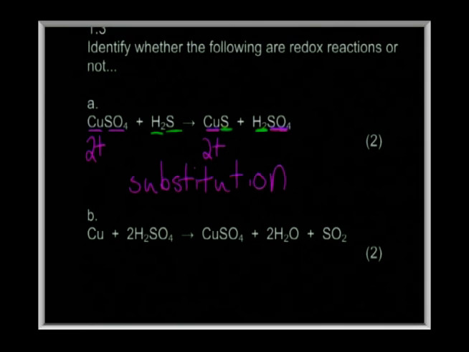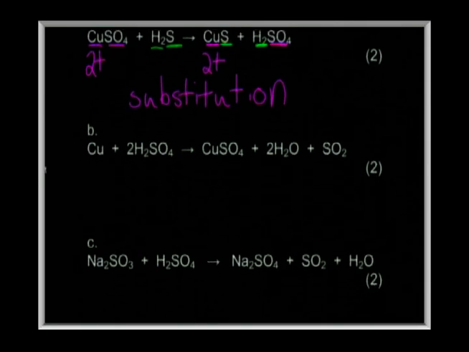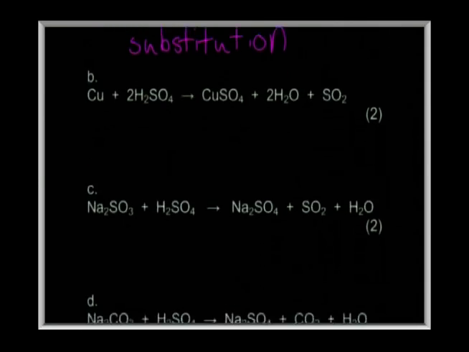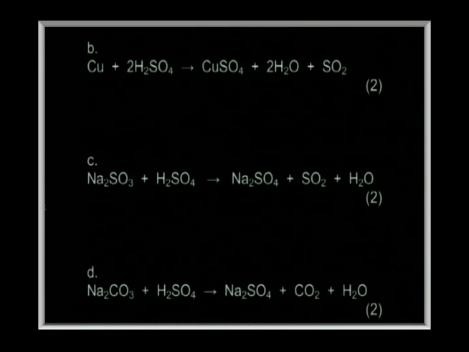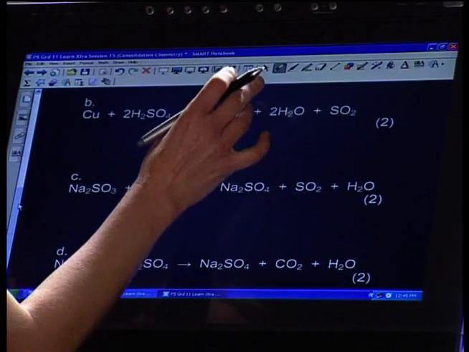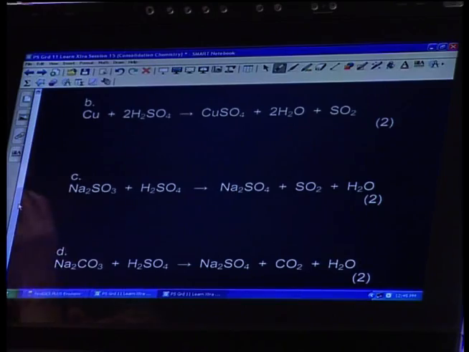Right, let's have a look at reaction B. Now, reaction B looks a lot more like it could be a redox reaction. Just intuitively, here copper is on its own, now it's in a compound. Definitely something must have happened to the oxidation number of copper to enable it to go from 0 to being in a compound.